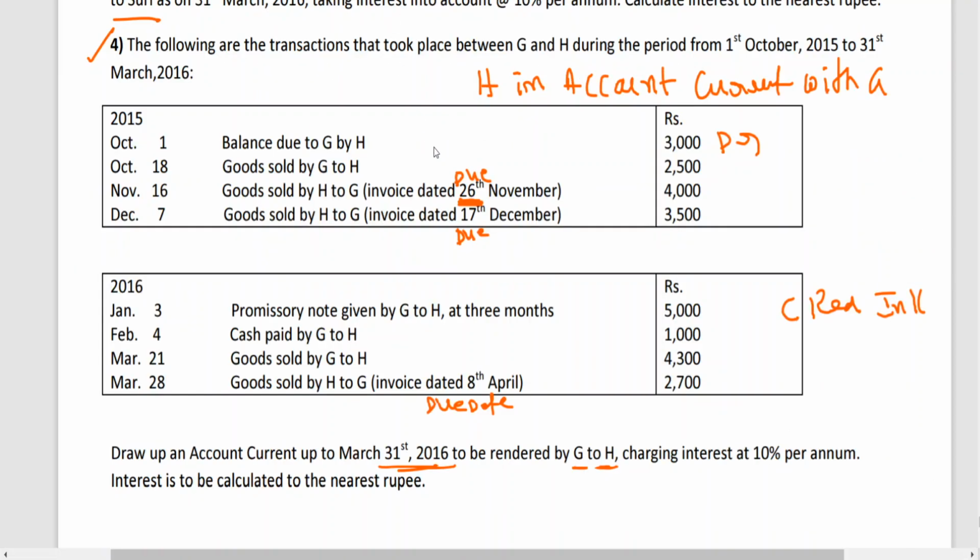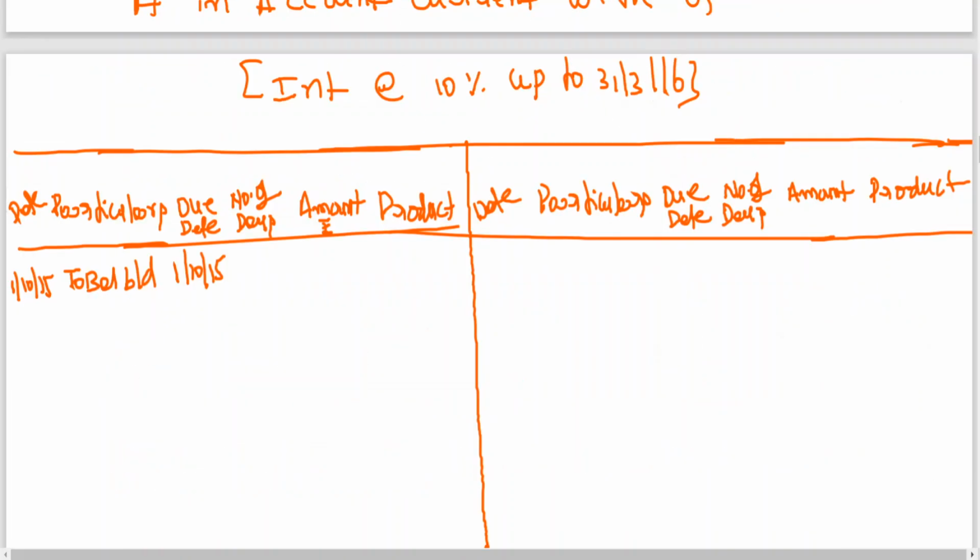First October 15, amount 3000 rupees. See, the number of days I told you we calculate at a time. If it is the opening balance, the due date is the same.